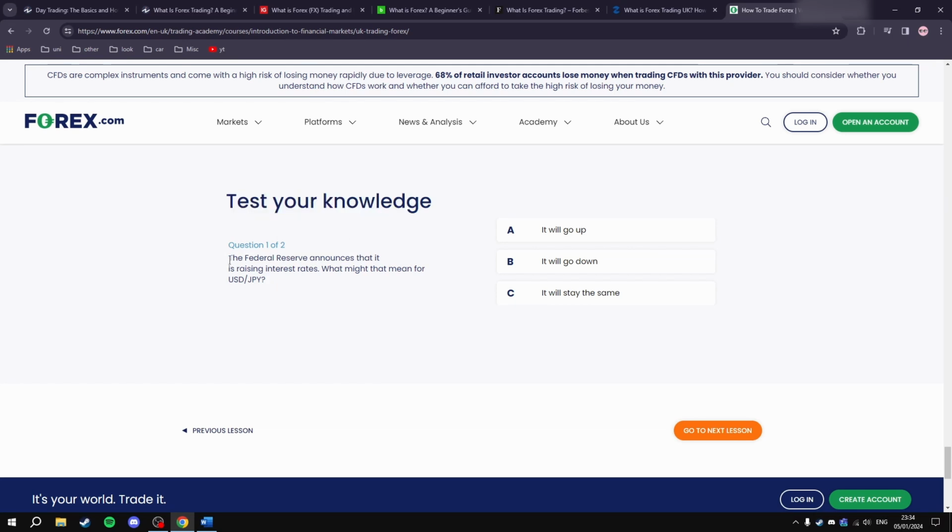Test your knowledge. The Federal Reserve announces that it's raising interest rates. What might that mean for USD/JPY? So if it's raising interest rates, then that means the economic health is pretty good.